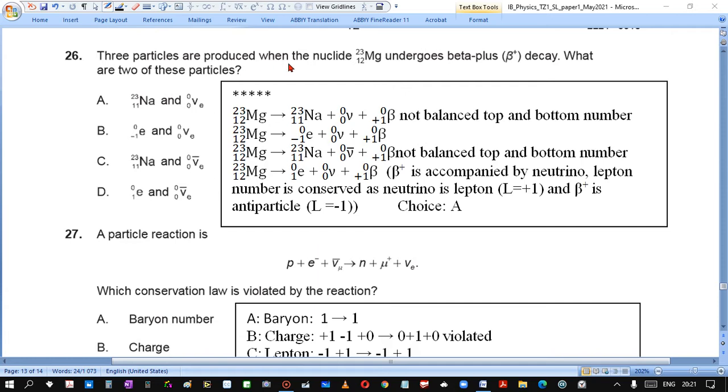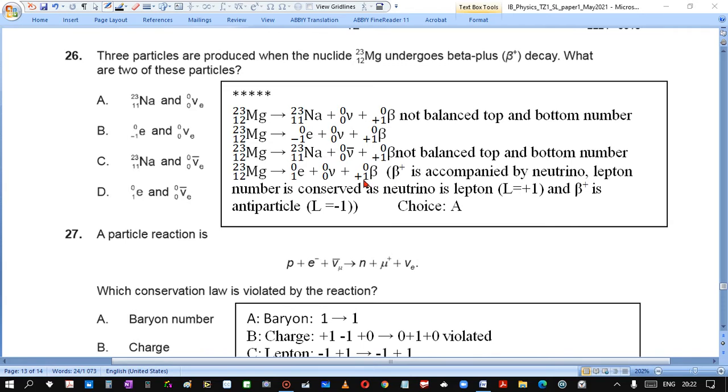3 particles are produced when the nuclide undergoes beta plus decay. What are two of these particles? So for each I wrote nuclear reaction. So top and bottom numbers should be balanced. They are balanced for A and C, but also lepton number should be conserved.